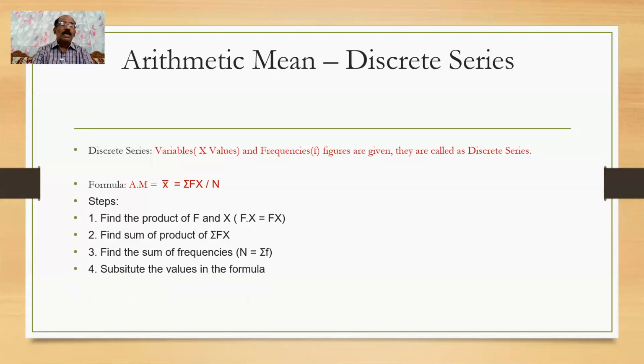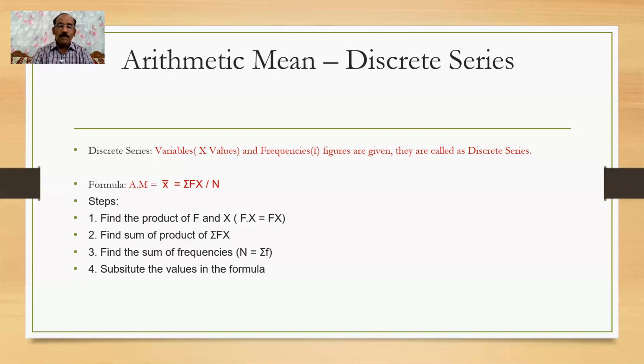The formula is x bar is equal to sigma fx by N. We calculated sigma fx and N in the earlier steps. Substituting the sigma fx value and N value in the formula, we get the arithmetic mean of that problem.